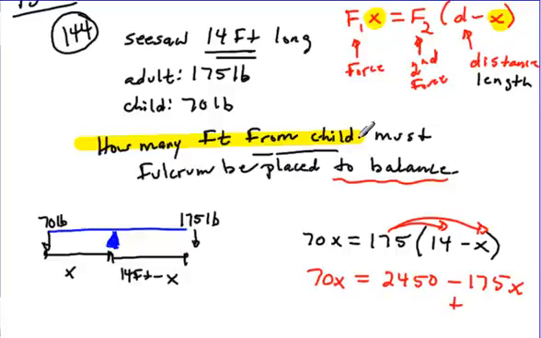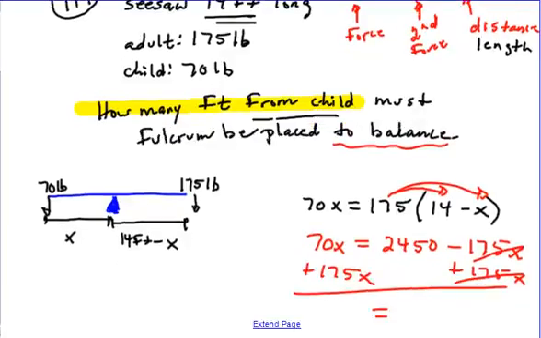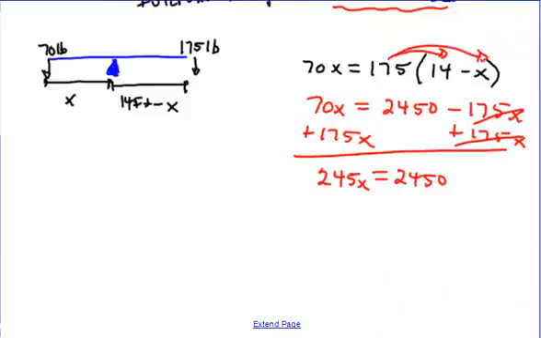175, okay. So to cancel it or to move it, you add it. Since that's the opposite of how it's attached. What you do to one side, you must also do to the other side. So that cancels. What do we have here? What is 175 plus 70? X is equal to 2450.